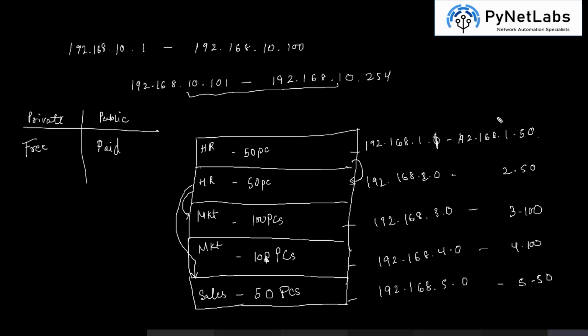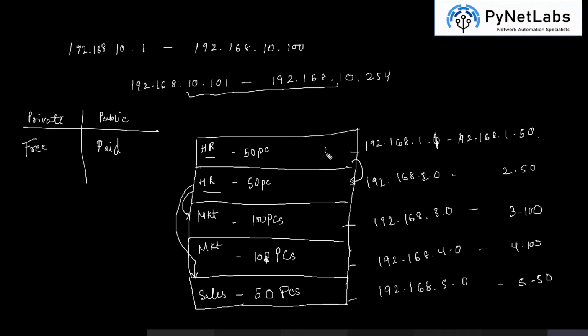Now we will understand how we can use the same IP range to avoid the wastage. In this case, we have HR on two different floors. So we could have used the same IP range, which is 192.168.1.1 till 1.50 on this floor.